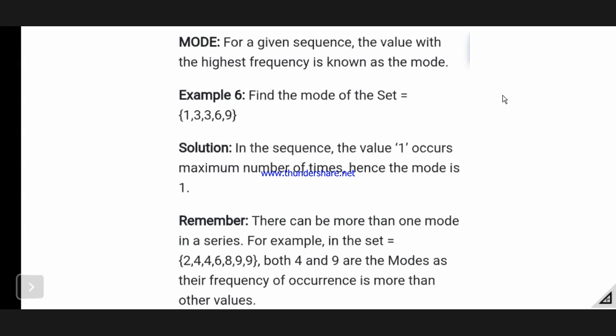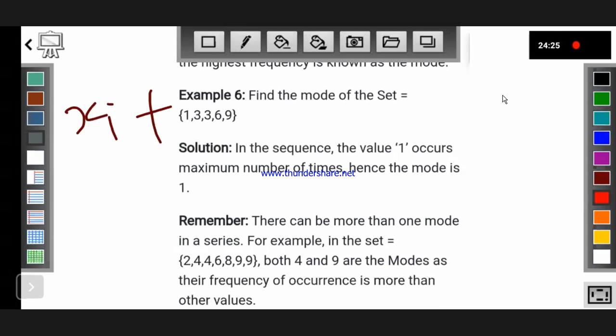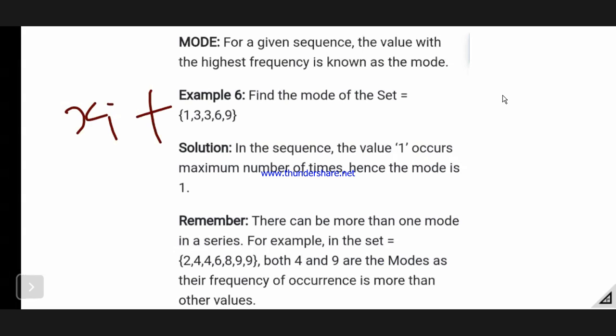Next, what we are going to see is mode. Mode is the number which has the highest frequency. The first sum: there is a set of values 1, 3, 3, 6, 9. Let's calculate the frequency. Let the set of values be xi and the frequency be f. For 1, the frequency is 1.